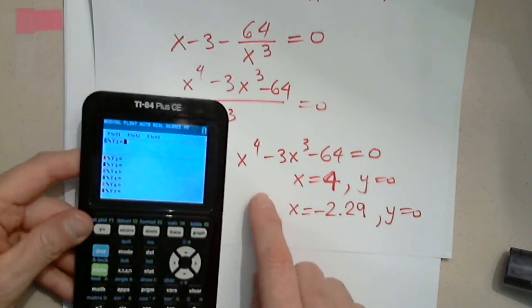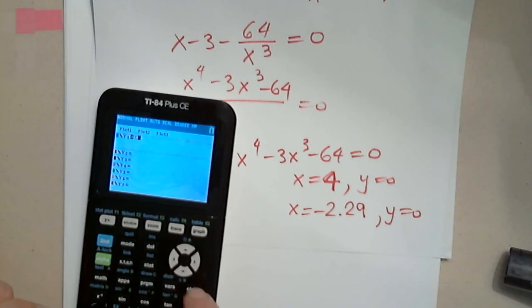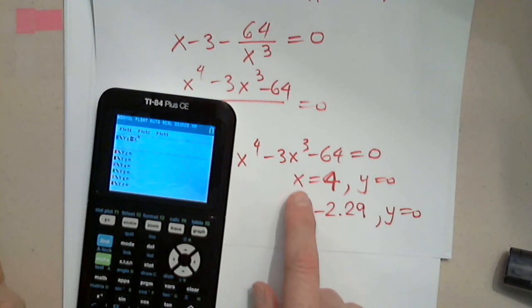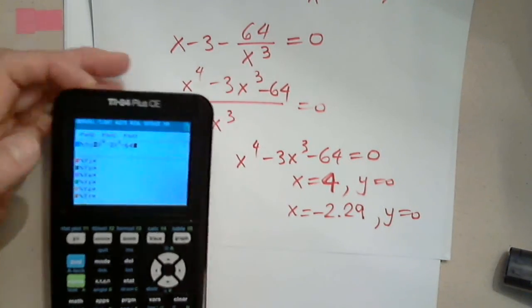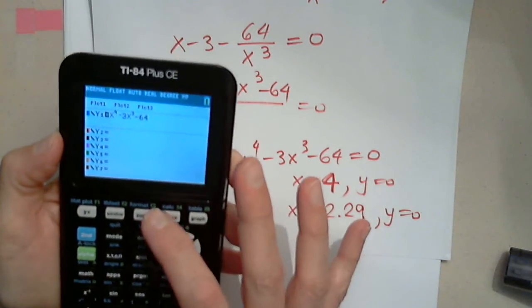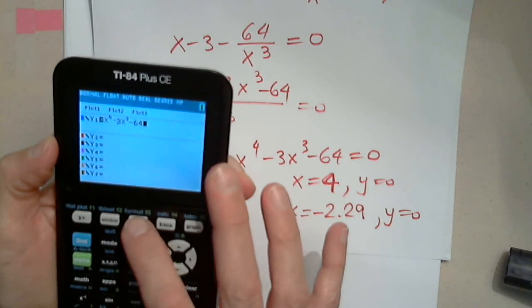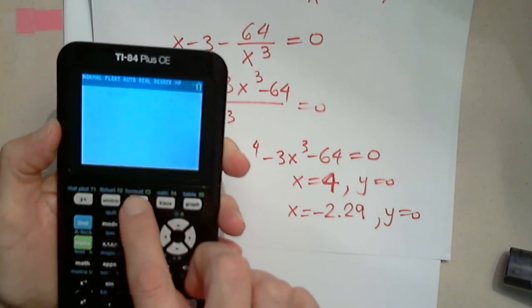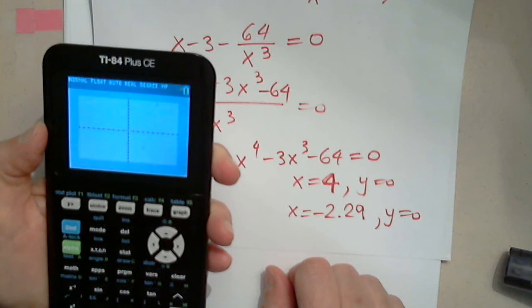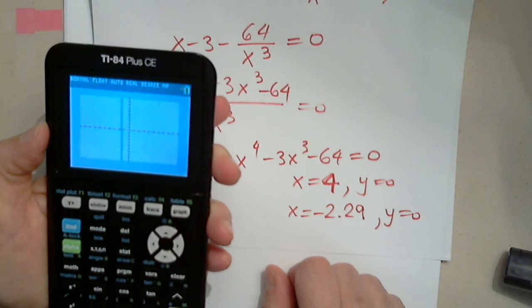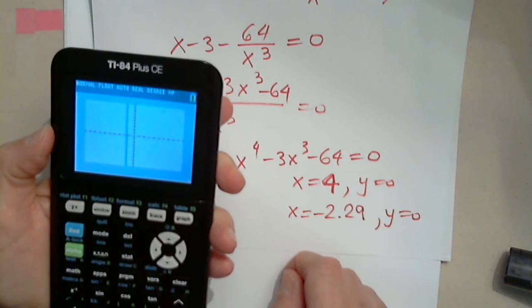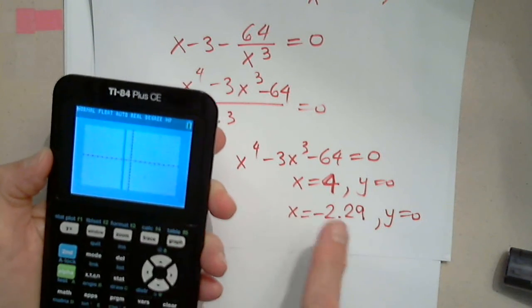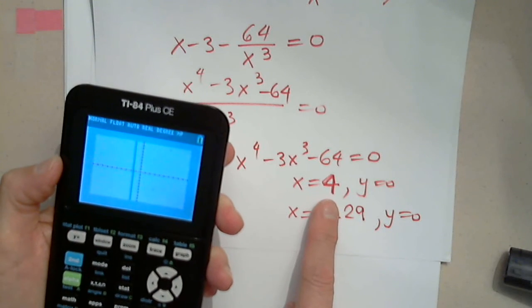Okay, so we put in the function x to the 4th minus 3x cubed minus 64. For now, let's say I'm going to start with zoom 6, which is the standard viewing window. It goes far below, but it has to come back to 4 because I already know the solutions.